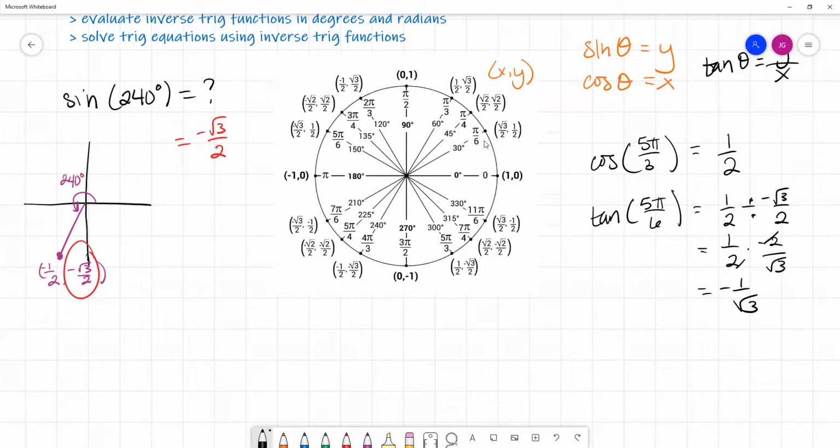What if I went backwards and asked the question, sine of what angle is negative rad 3 over 2? Then I repeat the process with the rest of these questions. Cosine of what angle is 1/2? Tangent of what angle is -1 over rad 3?